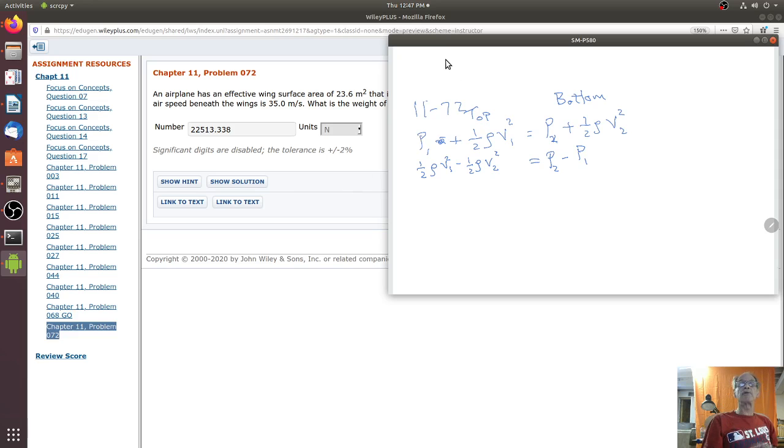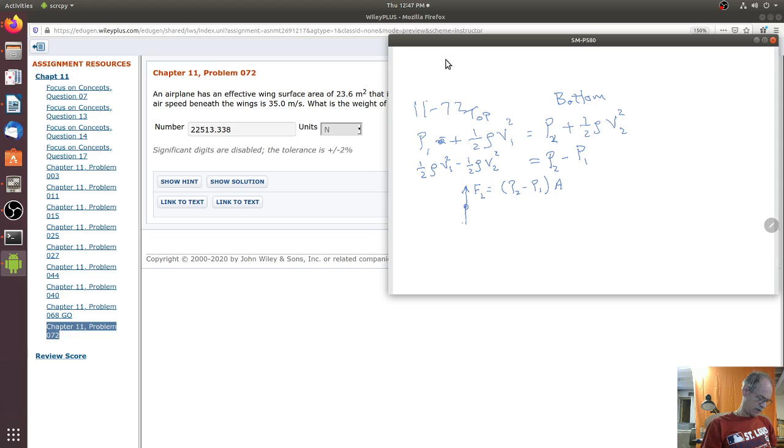Okay, so there's Bernoulli's equation with Y1 and Y2 being the same. I rearranged to get the pressure difference on the right-hand side. Then the lift force, which I'll call F lift, is equal to the pressure difference, P2 minus P1, times the area.